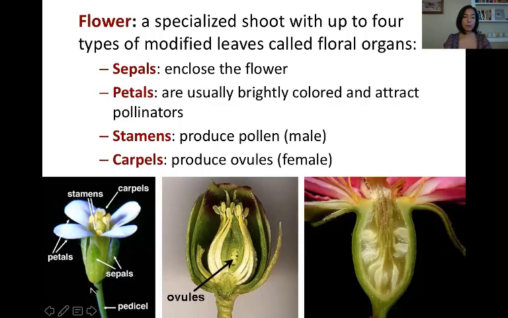In this Arabidopsis thaliana, we have the sepals on the outside, in green, and later we'll have the petals in white, and then the stamens, and then the carpel in the center of the flower. The stamen is going to produce pollen, and the carpels are going to produce ovules. Sepals are usually green, but not always, and petals are usually colorful, but not always.